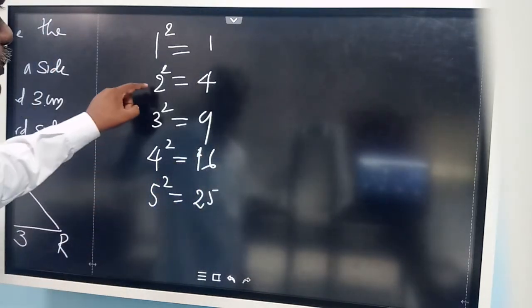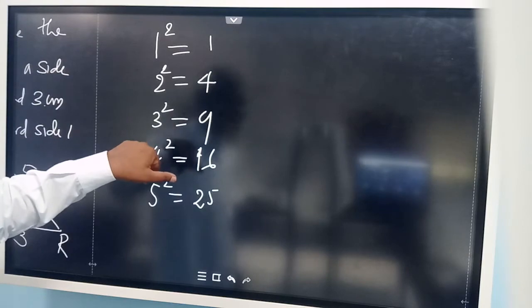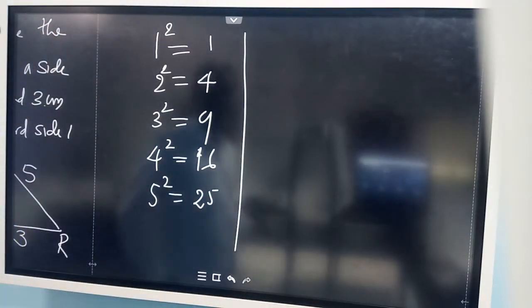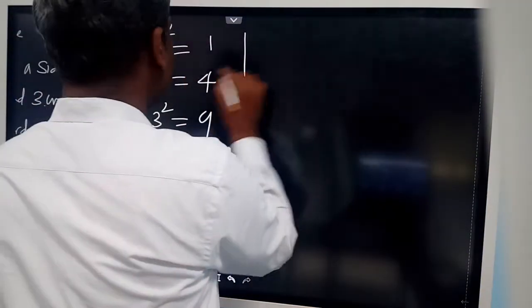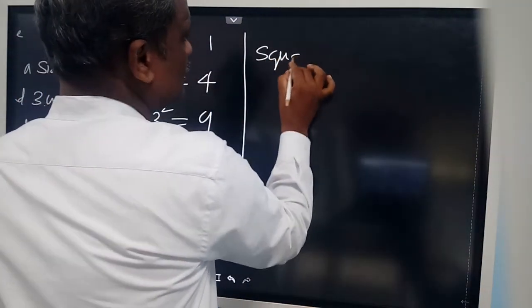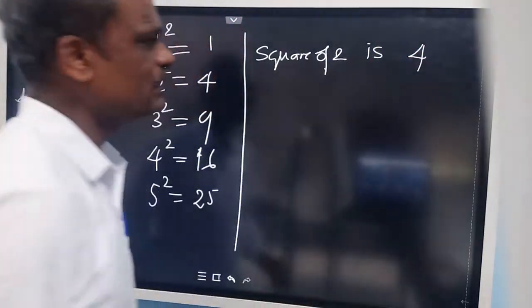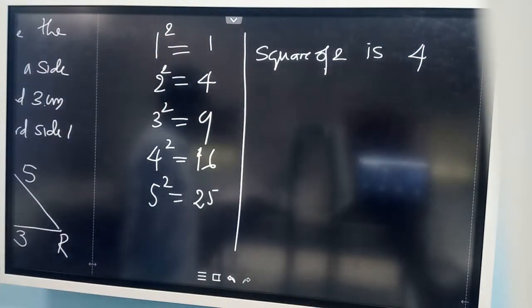Square numbers have two equal factors. I can write it in the form of the square of 2, say. Square of 2 is 4. Now I am going to reverse this one.